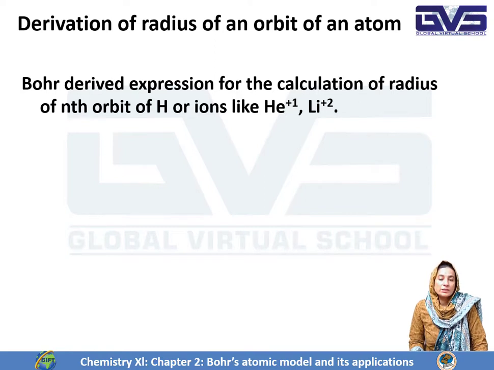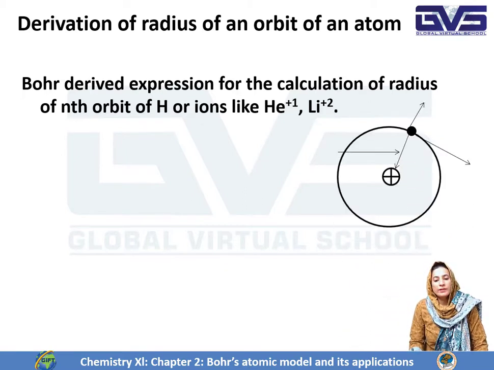Nth orbit means first orbit, second orbit, third orbit, or fourth orbit. So by his expression we can calculate the radius of any orbit for hydrogen and some ions like helium ion and lithium ion. Later I will explain what it means to calculate the radius of ions.